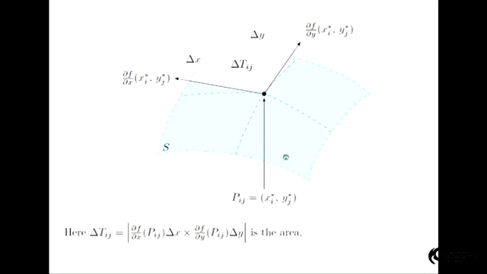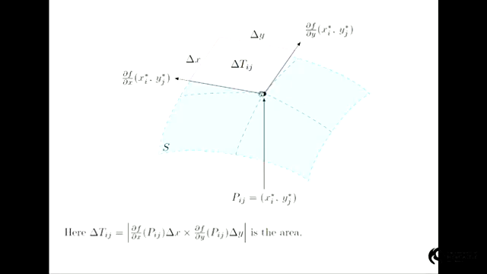Well, we can calculate this direction and this direction, right? Those are the partial derivatives in each of those directions along x and y. And if we move delta x down this direction, and delta y down this direction, then how can we get the area of this?